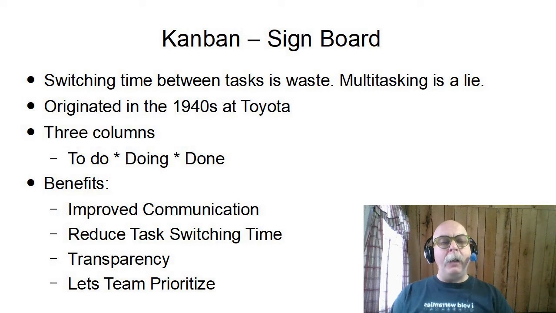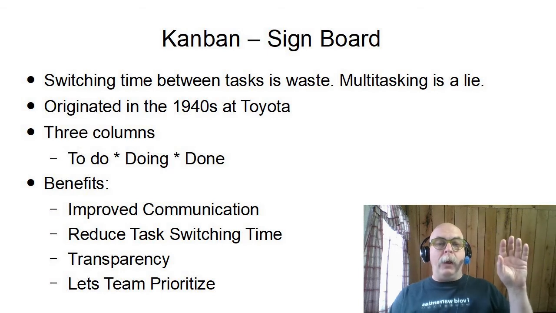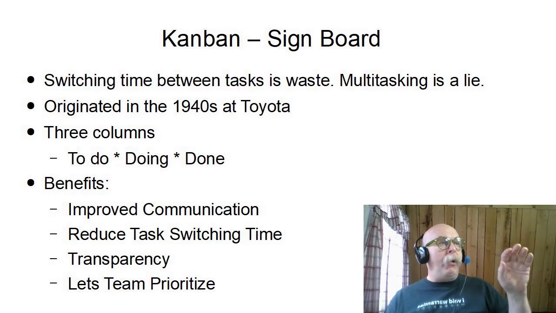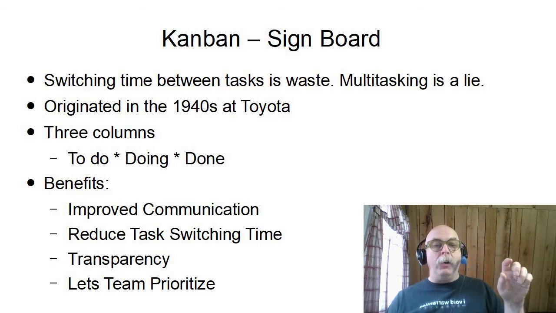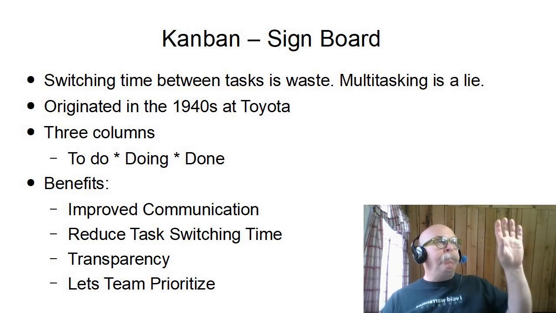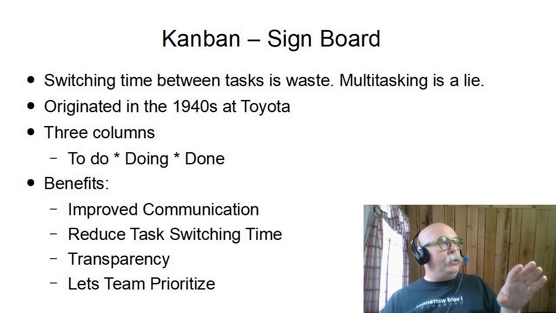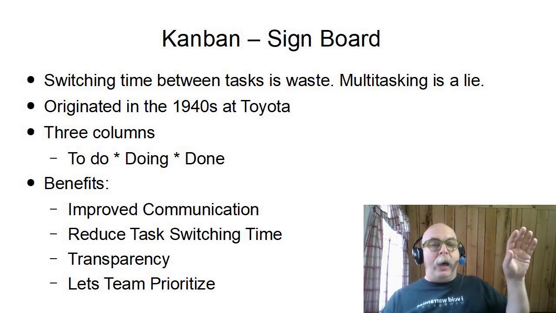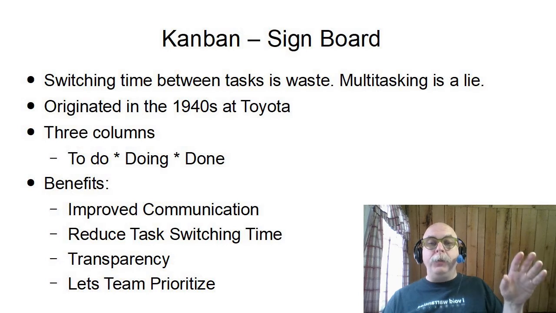The Kanban basically creates a signboard or a website or somewhere where we literally break down all of the work to be done into small packages, work packages, or even smaller units of work. We put them in a column called to do. We then have a column in the middle, usually called doing, and a column on the other end of the sheet called done.